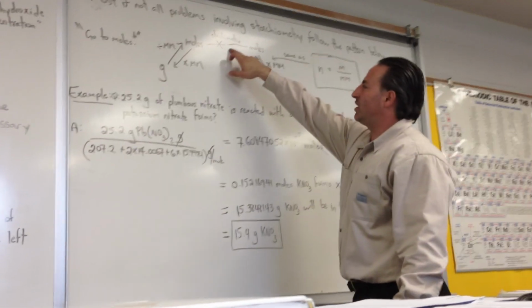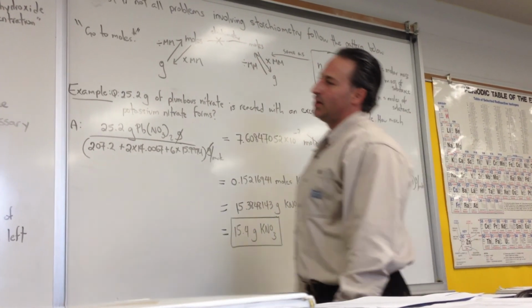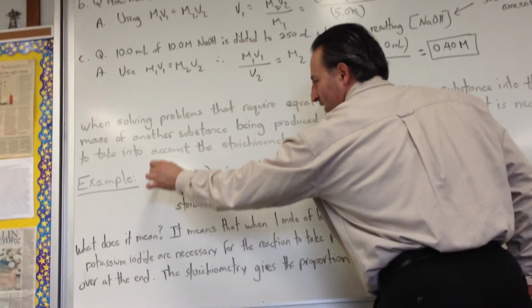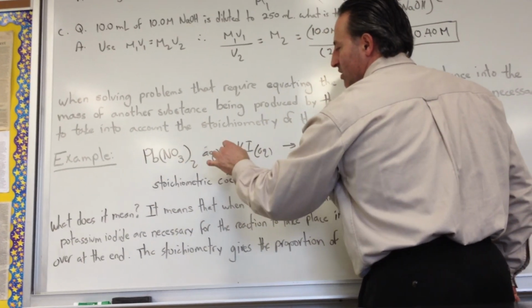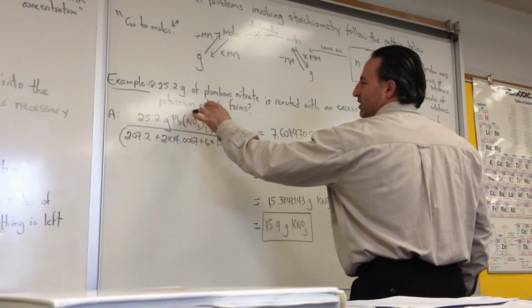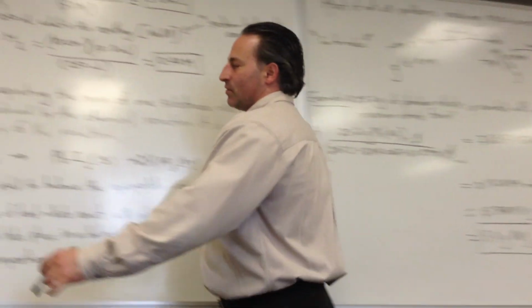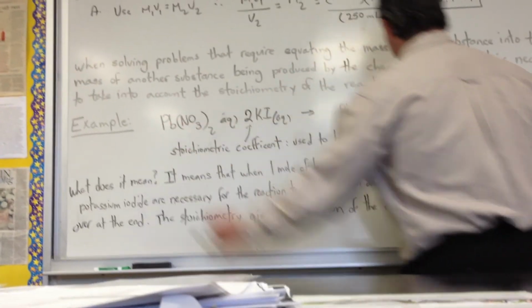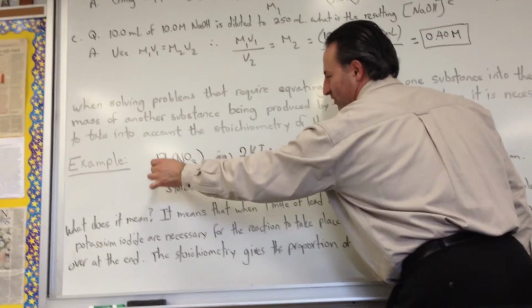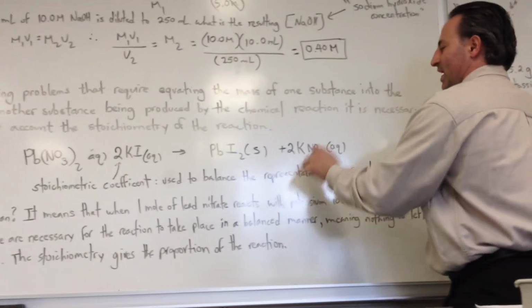Then we go through the stoichiometry. What is the stoichiometry? It is 1 to 2. For every 1 mole of lead nitrate that's consumed, you need to consume 2 moles of potassium iodide. But what they're asking us here is how much potassium nitrate forms. For every 1 mole of lead nitrate, 2 moles of potassium nitrate form.